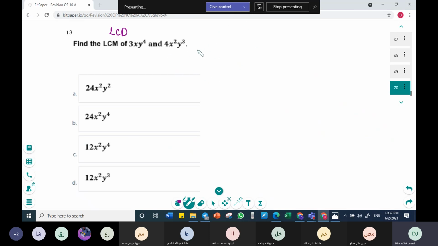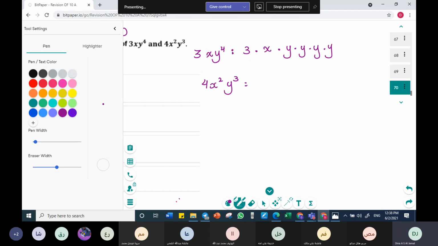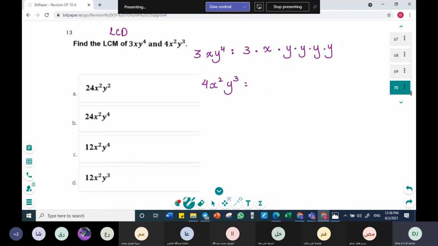The thing that you need to do is factor each of them. 3x y to the power 4: so 3 is 3 by 1, x is mentioned one time, y is mentioned 4 times. 4x squared y cubed: the 4 will be factored into 2 multiplied by 2, the x will be factored into x multiplied by x, and the y will be factored into y multiplied by y multiplied by y.